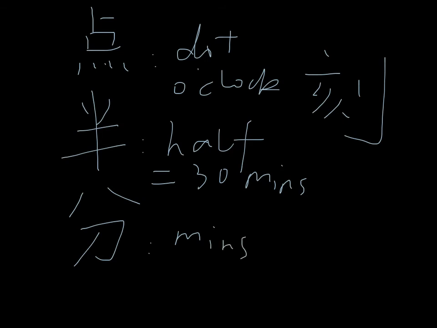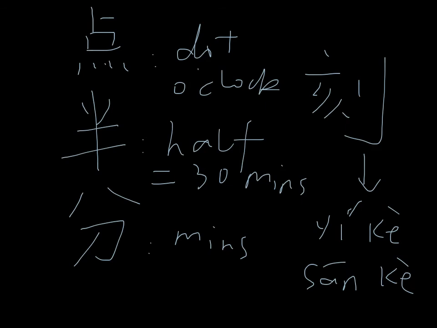So 点, 半, 分 and 刻. If you say 一刻, it means 15 minutes. 三刻, it means 45 minutes. As you know, in the clock, we don't have 2 quarters or 4 quarters.